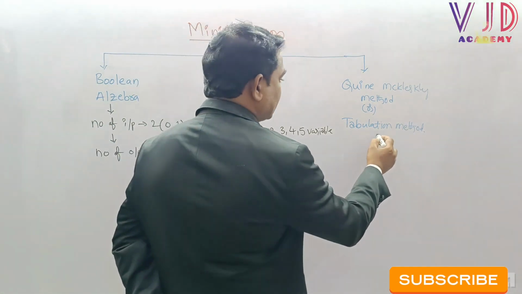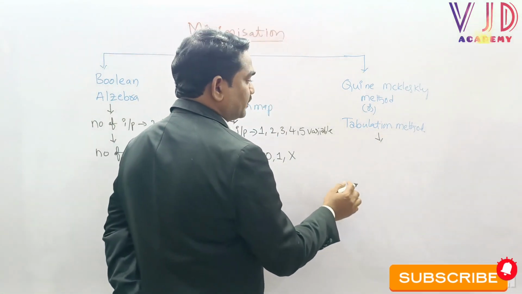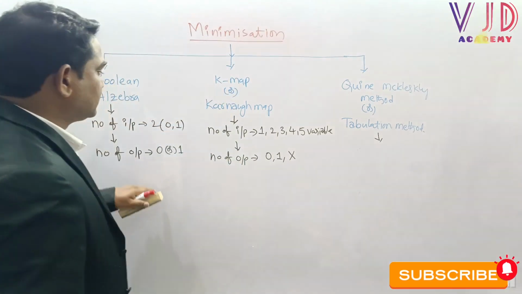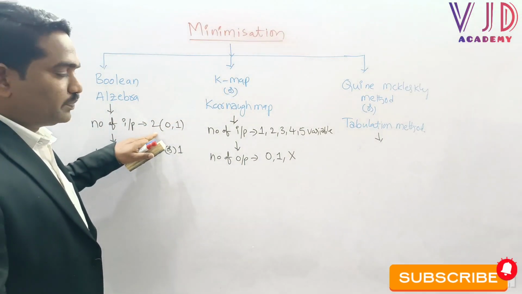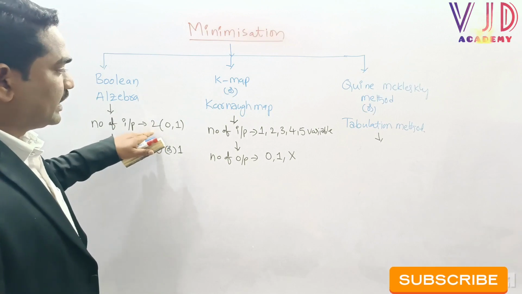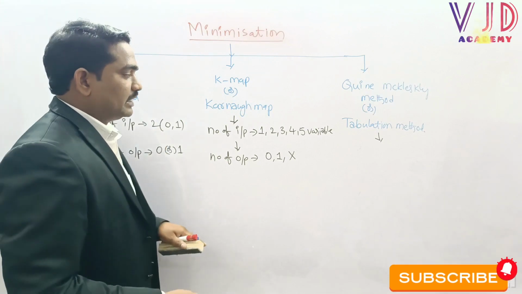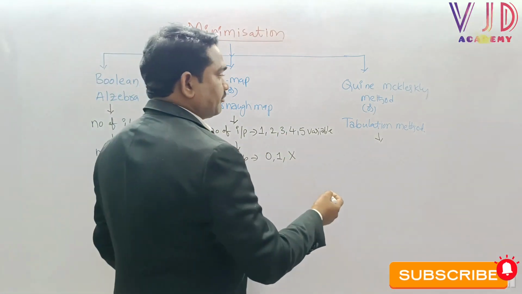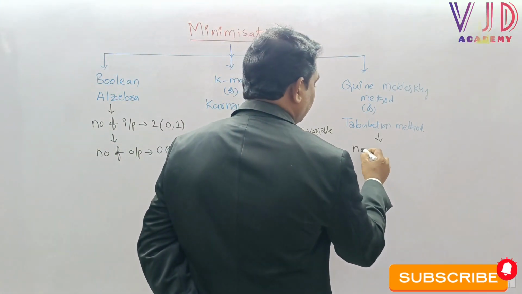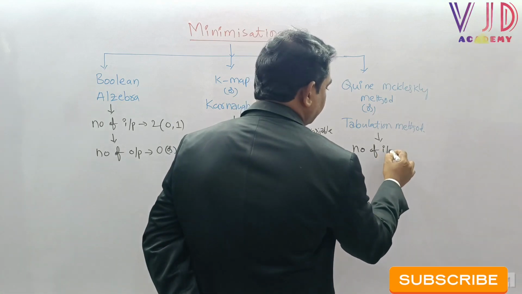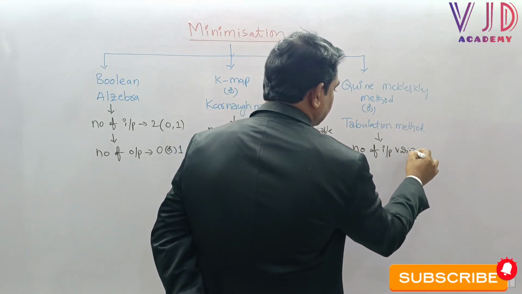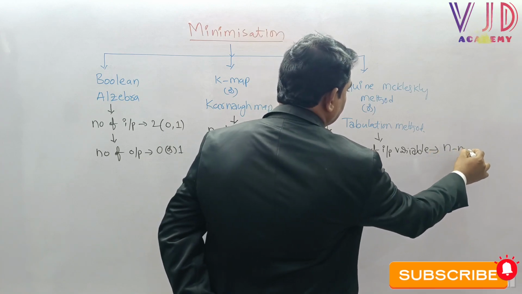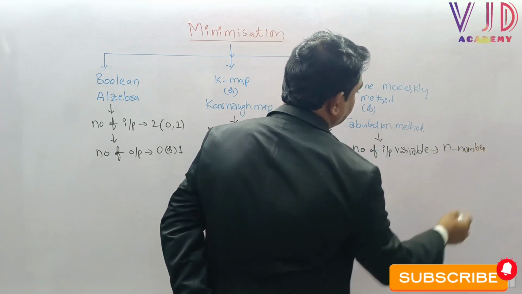Coming to the Quine-McCluskey method, the number of inputs it can take is any number. Boolean algebra can only accept and deal with up to 2 variables, K-map can deal with up to 5 variables, and in Quine-McCluskey the number of input variables can be up to n, or any number.